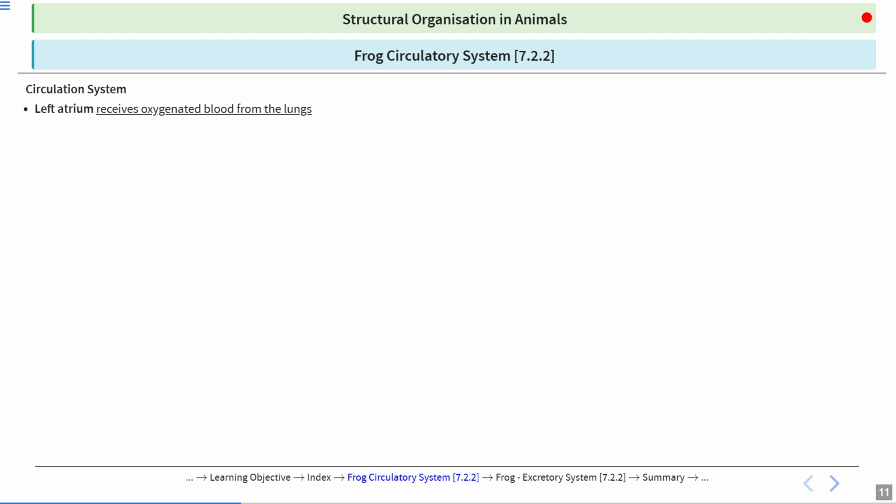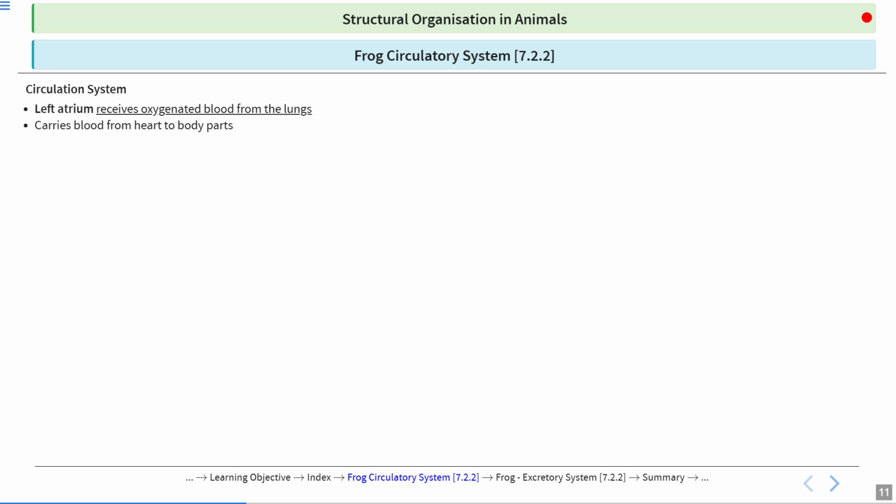Now this is the exception. Pure blood is usually carried by arteries and impure blood by veins, but here the pure blood is brought from the lungs to the left atrium through the pulmonary vein. Similarly, impure blood from the heart goes to the lungs to get purified through the pulmonary artery. You must remember this.